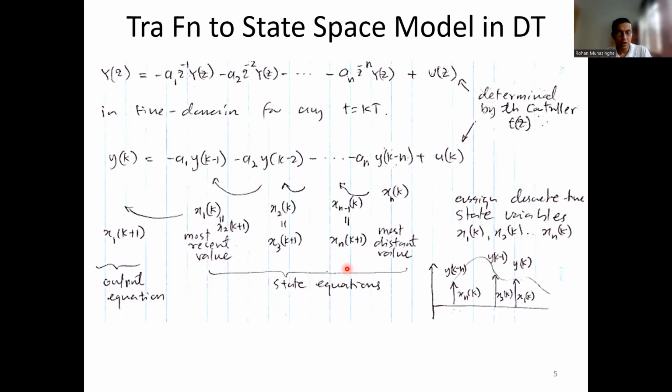So in continuous time, we don't have samples. We have the function and its derivatives, first derivative, second derivative, third derivative, and so on. Therefore, we assign state variables, say one state variable to y(t), simple time, continuous time.